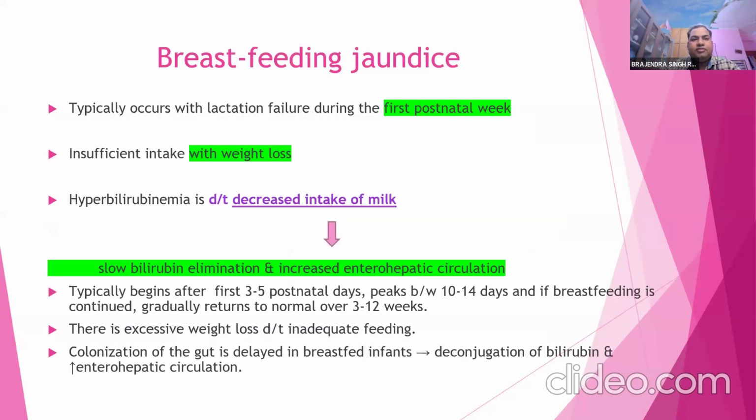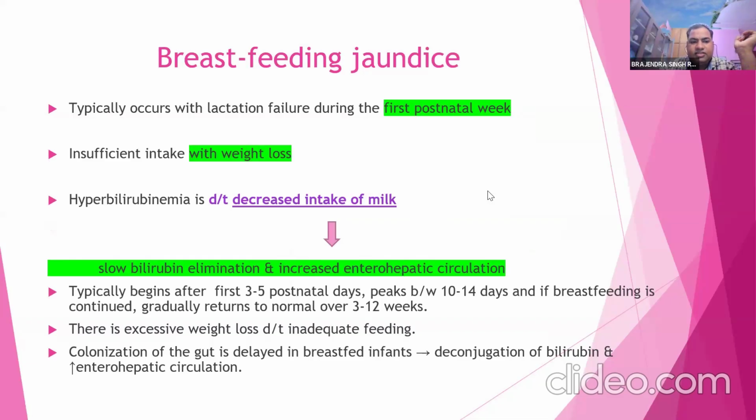This is another example of breastfeeding jaundice. Typically occurs in lactation failure during the first postnatal week, with insufficient intake and weight loss. This is due to decreased intake of milk, slow bilirubin elimination and decreased intrahepatic circulation.